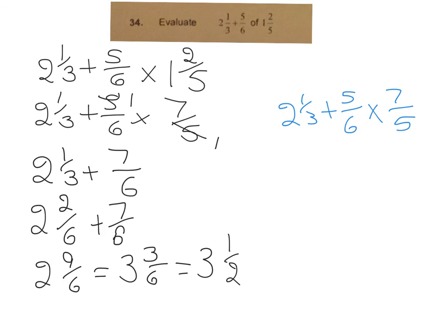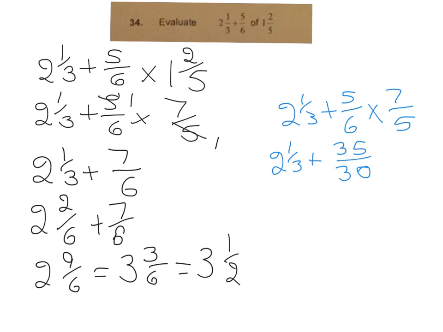So the alternative way to go, if we don't like cancelling out before we multiply, is we still have 2 1/3 plus 5 times 7 is 35. 6 times 5 is 30. Then, of course, we've still got to add on our 2 1/3.